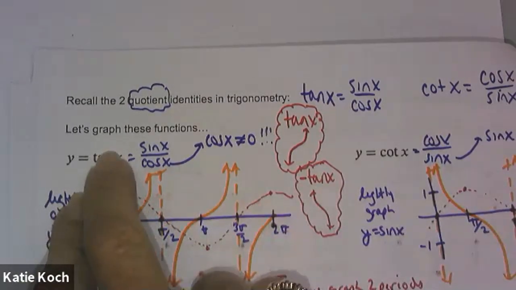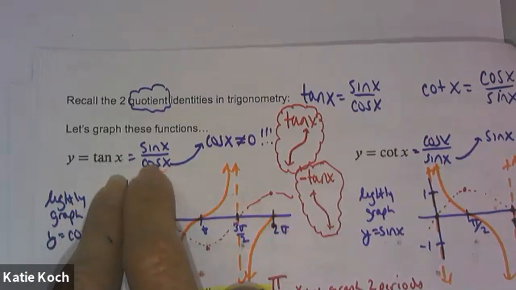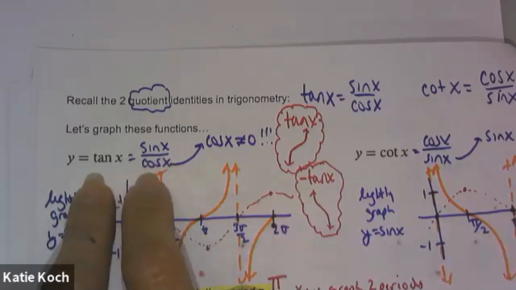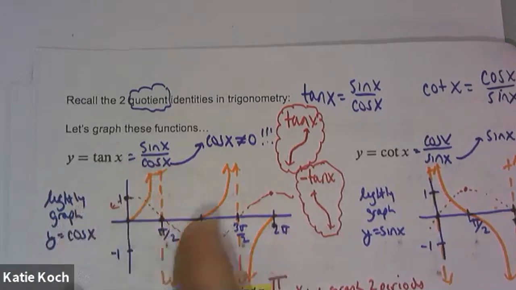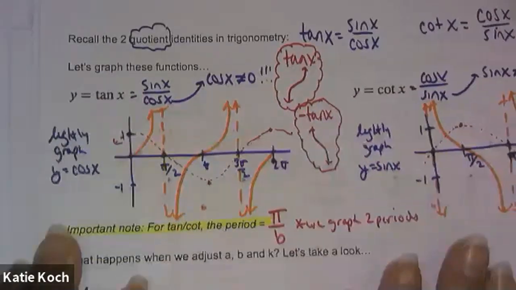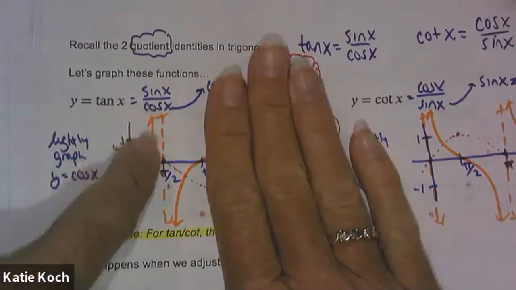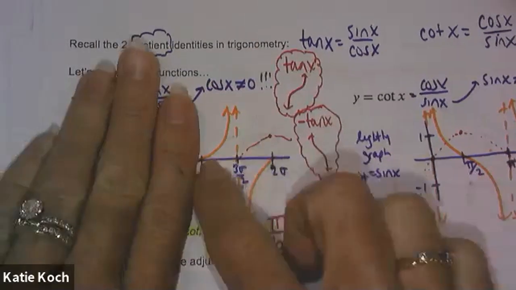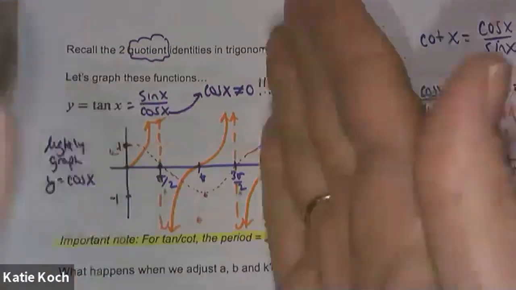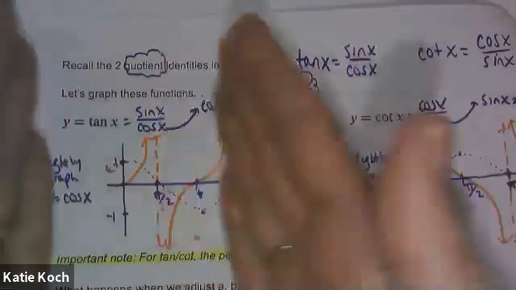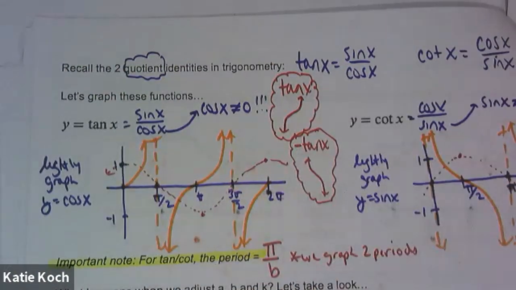In the beginning, I consider, oh, let's graph cosine. So I always use 2 pi over B. At the end for tangent and cotangent, we ended up getting 2 periods. This graph looks the same as this graph. So we end up having 2 periods of tangent graphed at the end.